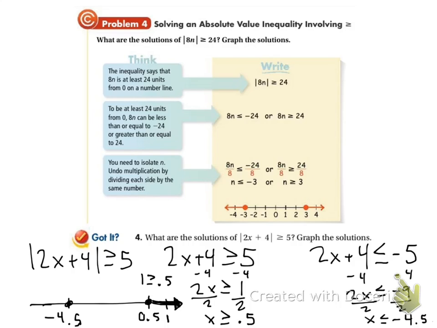And then I'm going to plug in. So negative 5 is over here. So I'm plugging into this equation over here. Negative 5 is less than or equal to negative 4.5. Would you rather owe someone $4.50 or $5? I'd rather owe $4.50.